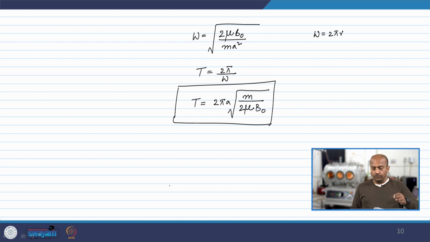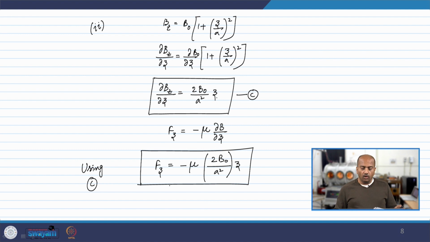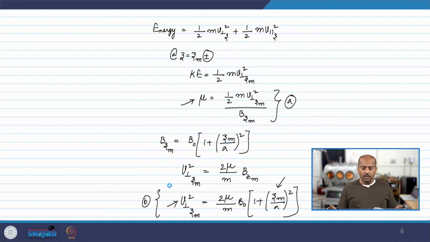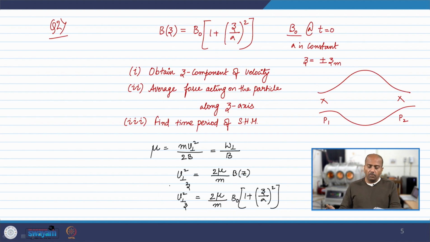So the point is, for the given configuration of the magnetic field, we are able to obtain the z component of velocity, and then the average force acting on the particle along the z axis, the average force which pulls the particle back, and the period of oscillation of the simple harmonic motion.